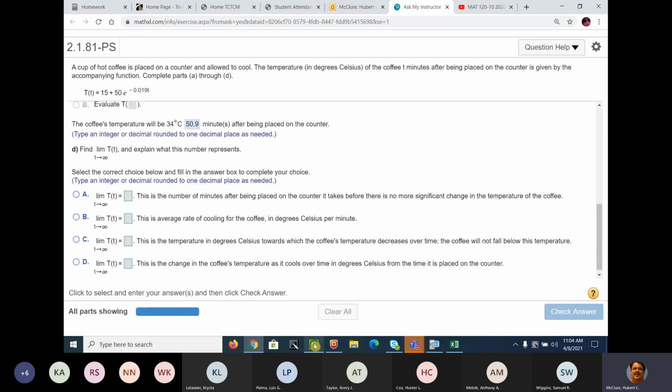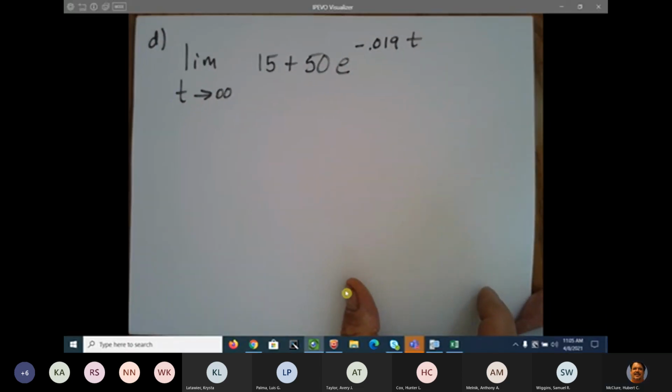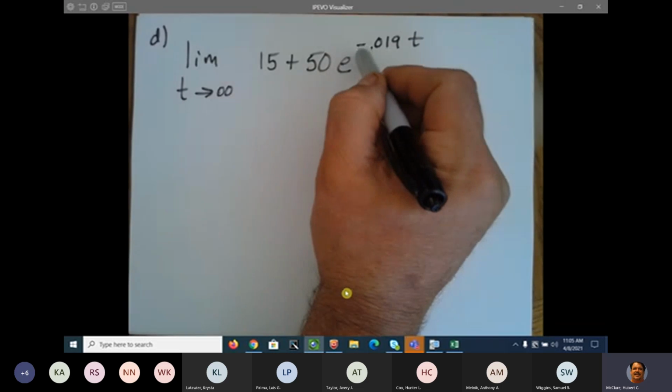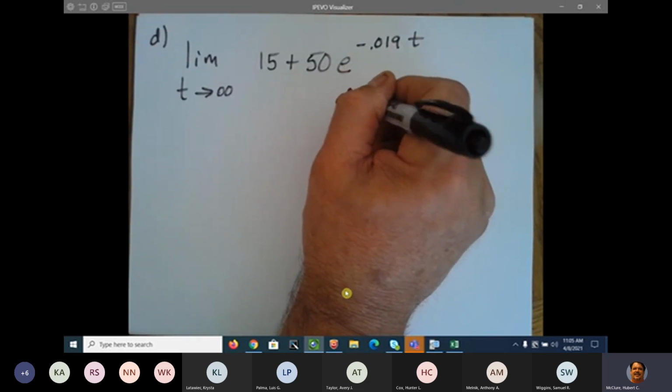And they're wanting you to think about what would happen if you plugged in infinity. Well, you know that e to the 0 is equal to 1.